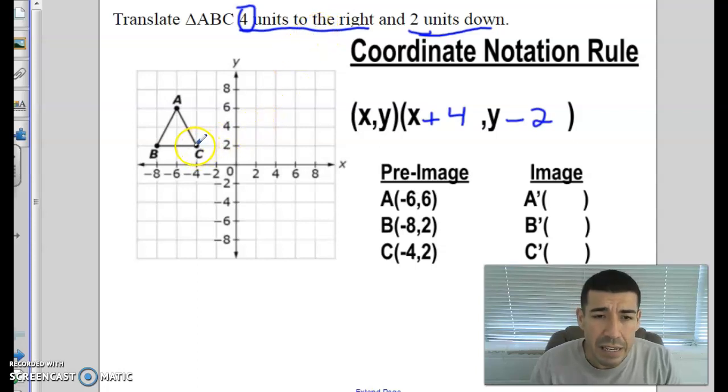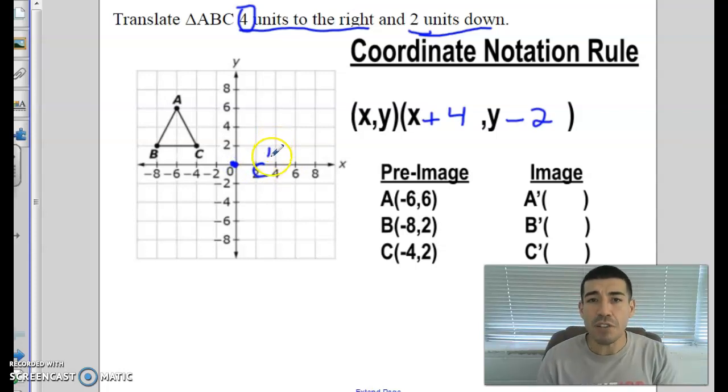So let's begin with C. I have to move C 4 units to the right, which is actually going to be 2 jumps, because each jump counts 2. And then it said 2 units down, so 2 units down would actually be 1 time down here.